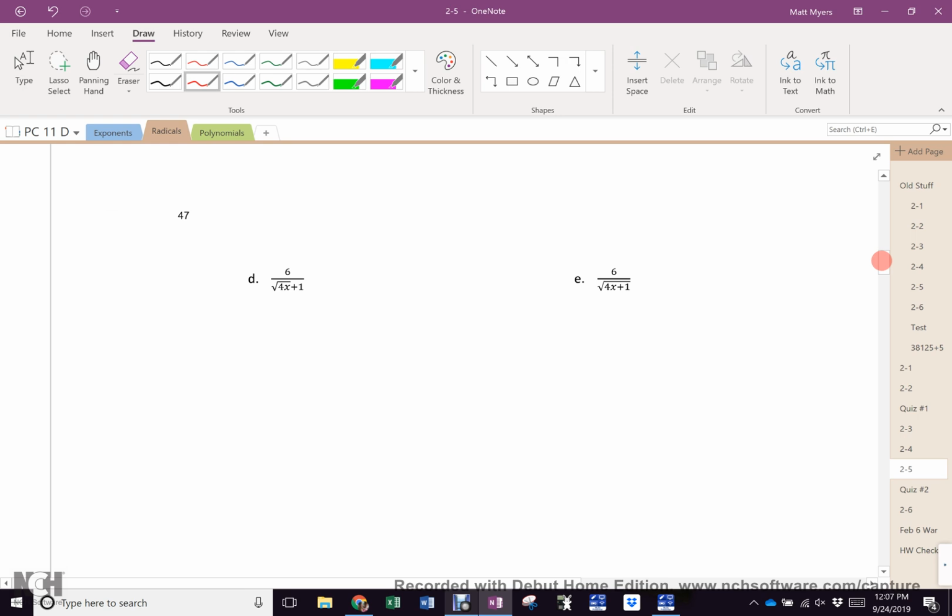What's different about D? Looks-wise. It has a variable in it. Does that change our method of attack? No. So, since I've got a binomial denominator, what do I know I must multiply by? What do I call that thing?